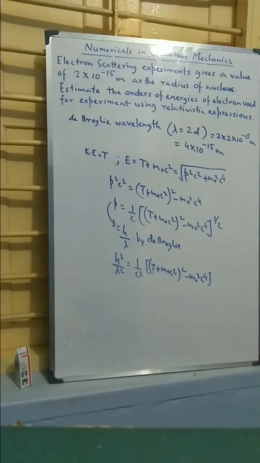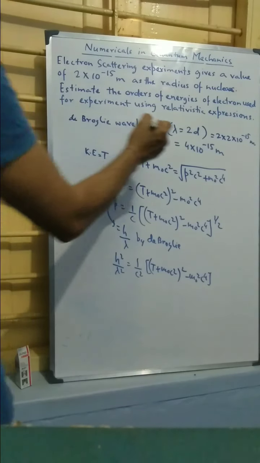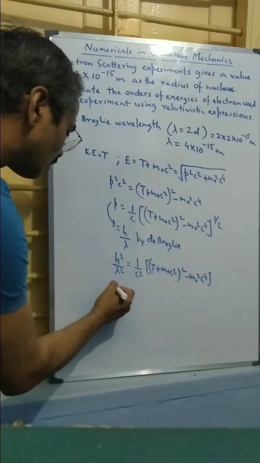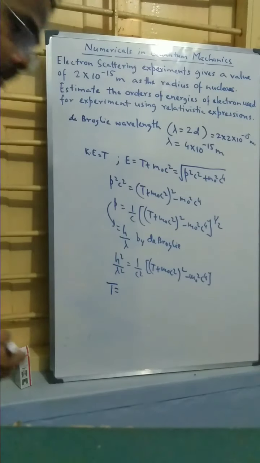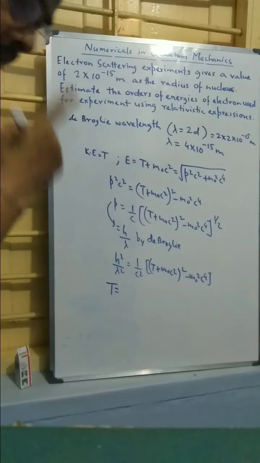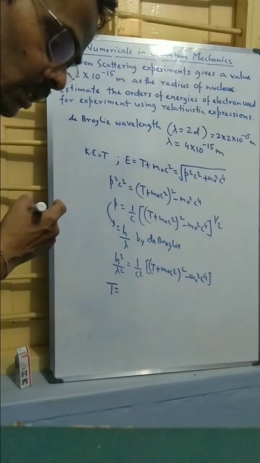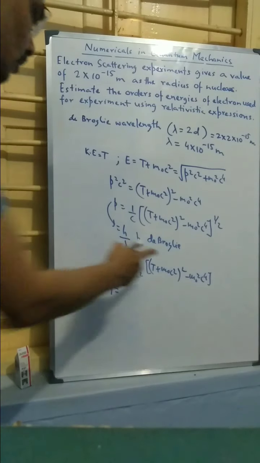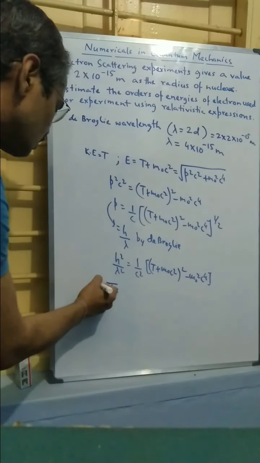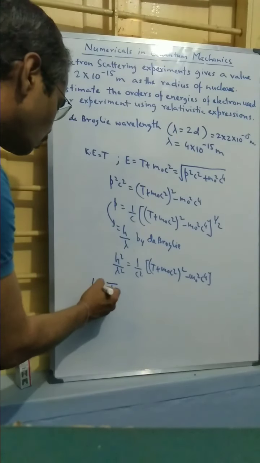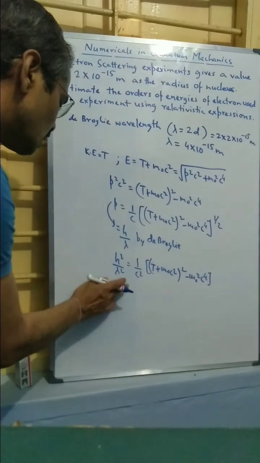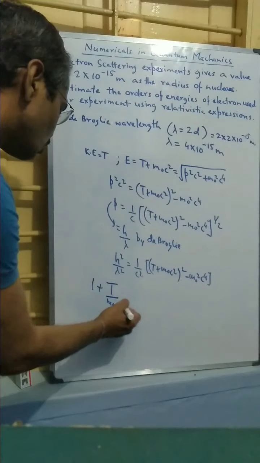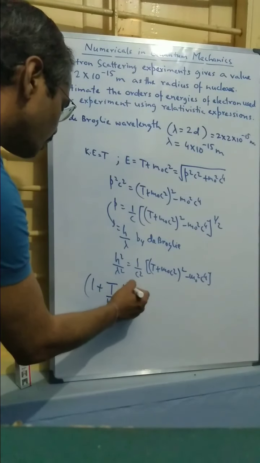From here we can invert it to calculate the expression for the kinetic energy, which turns out to be something like, if we divide this by m naught c square, 1 plus T by m naught c square, whole squared.